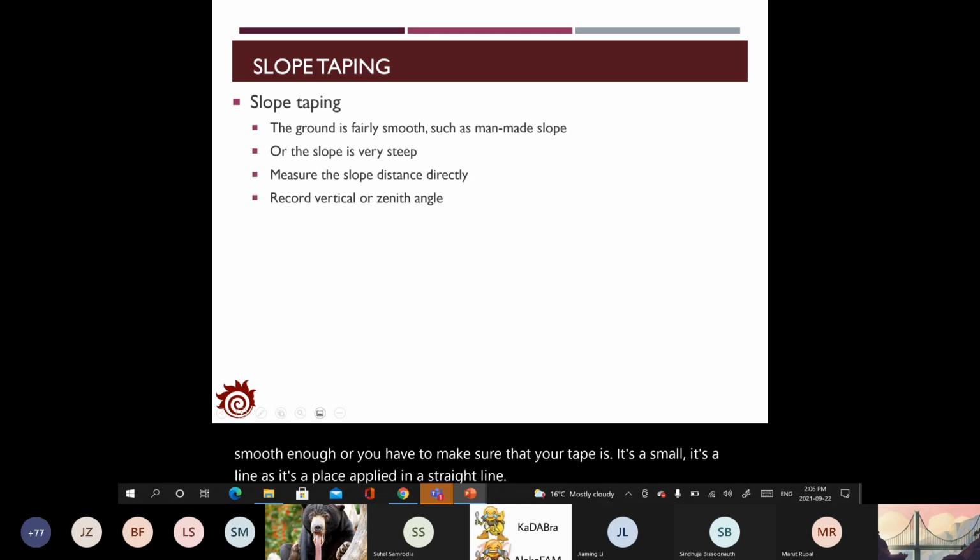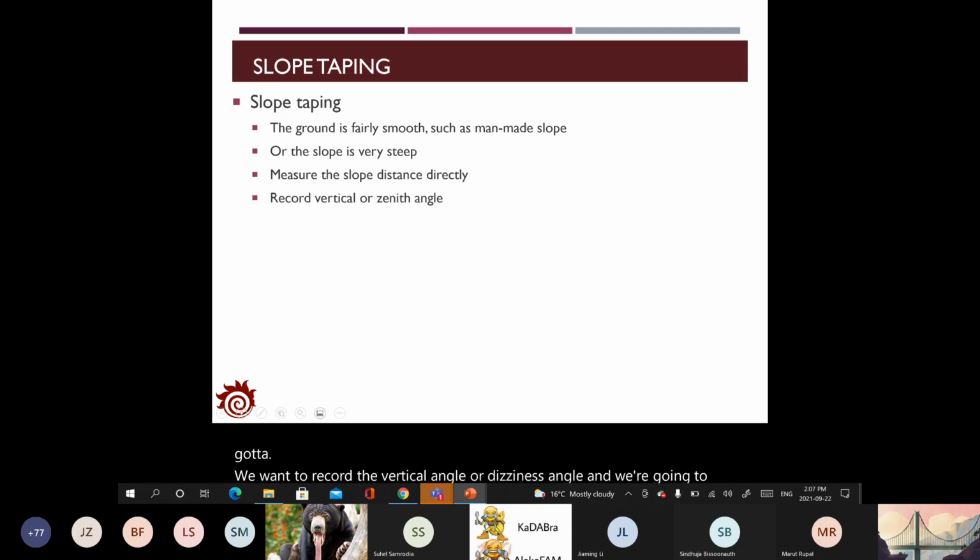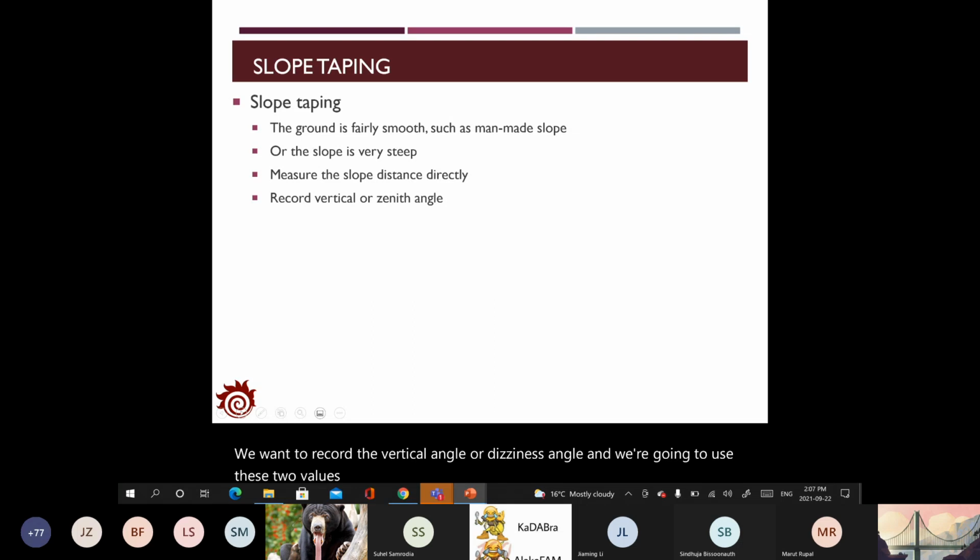Or it could be applied to a slope that is very steep. If it's very steep, it's also fine for us to apply the slope taping. And in this method, we will just measure the slope distance directly, and then we will record the vertical angle or the zenith angle, and we're going to use these two values, the angle and the slope distance, to calculate the horizontal and the vertical distance.